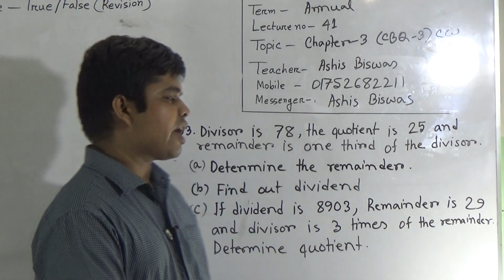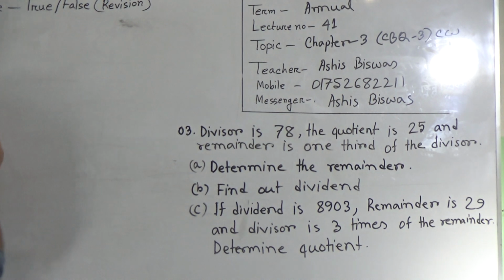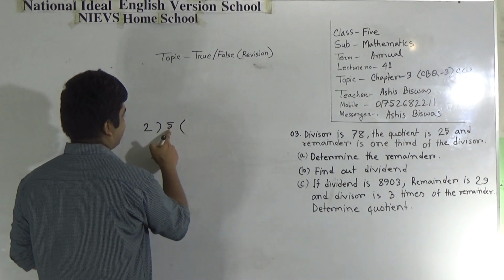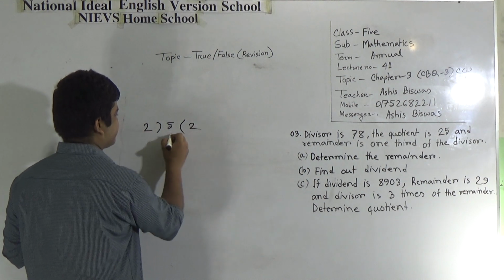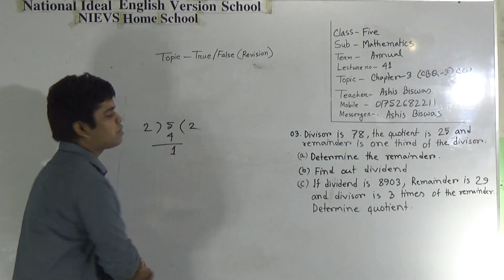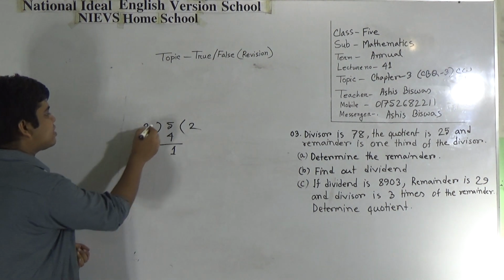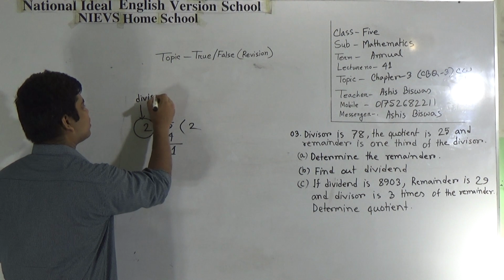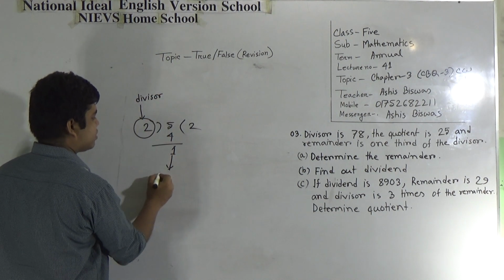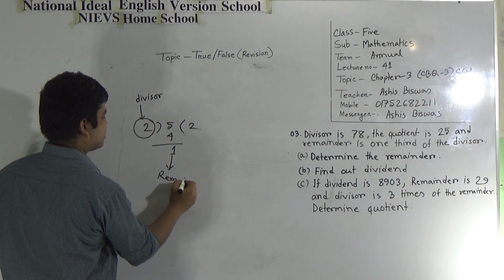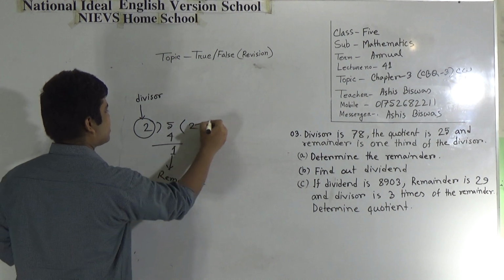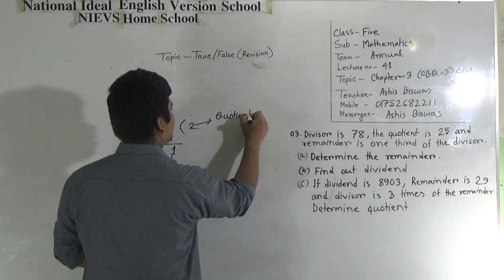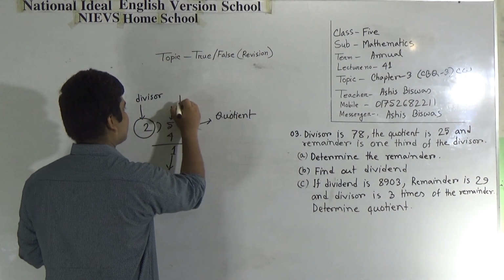So my dear students, at first we notice a division. 25 divided by 5. In 5, 2 goes in 2 times, 2 2s are 4. That means subtract, we get 1. This is called divisor, this is called remainder, this is called quotient, and this is called dividend.